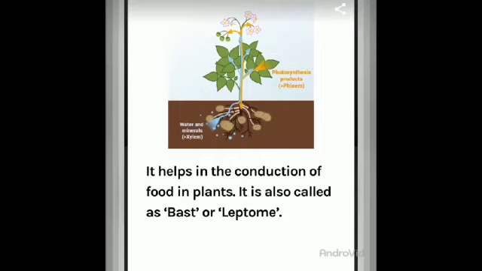Here you can see, written in orange, and at the bottom you can see water and minerals. They are moving upwards. In blue color, they are moving with the help of xylem tissue, whereas photosynthetic products are moving to the different parts of the plant with the help of phloem tissue.